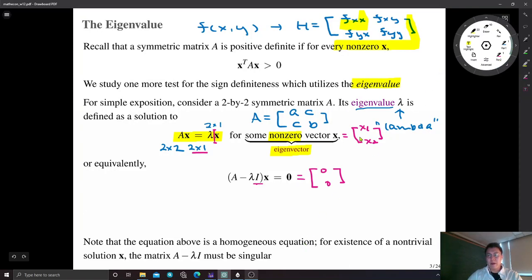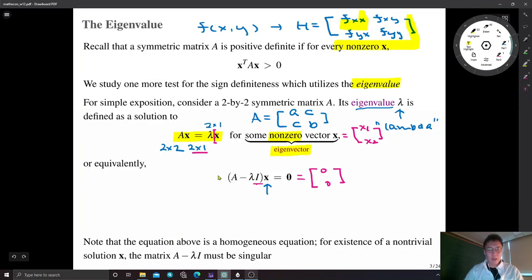Now remember, we want a non-zero solution to this equation. It means this homogeneous equation has a non-trivial solution. Remember, we studied several conditions for non-trivial solutions in a homogeneous equation.